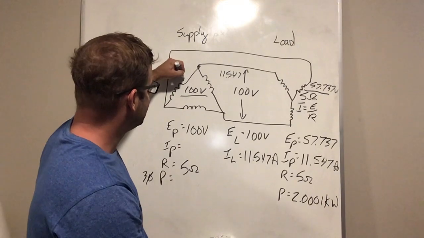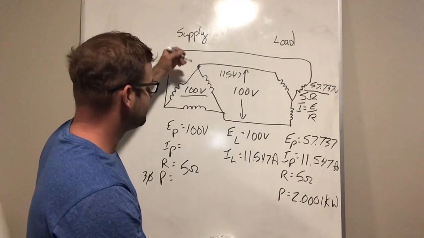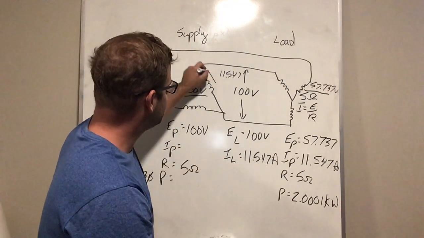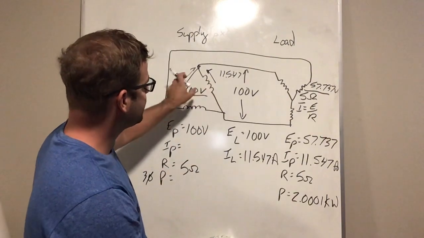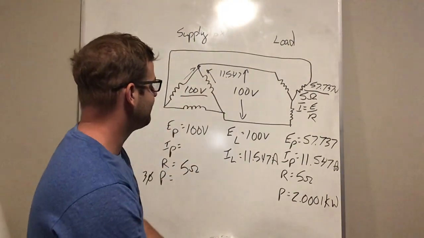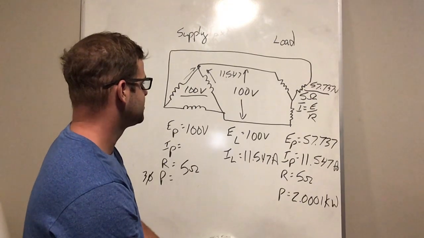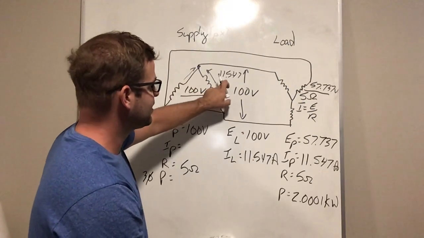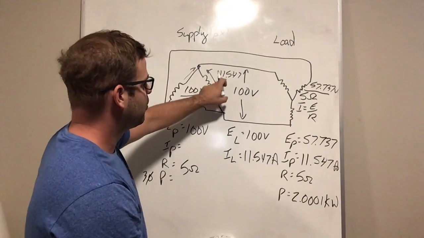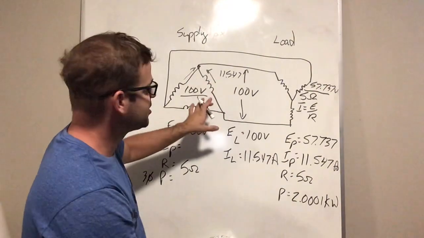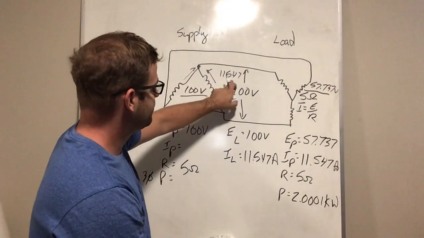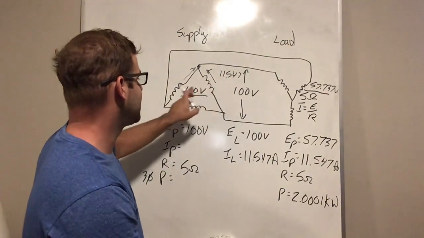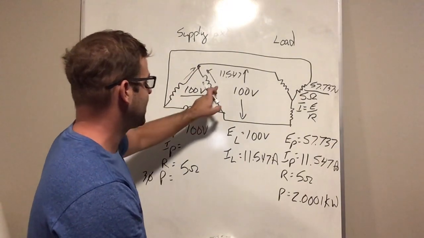I have this coil here from our power supply producing current, and I have this one here producing current, and it's the vector sum of these two that make up my 11.547 amps. So it's the sum of these, but they don't add evenly, so I can't just split that in half. But what I do know, because they're 120 degrees apart from each other, is that this value is root 3, or 1.732 times larger than this current and that current.